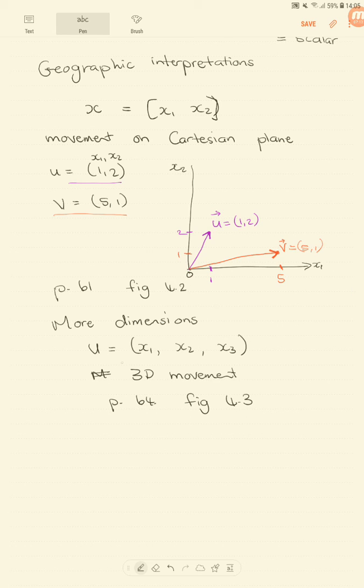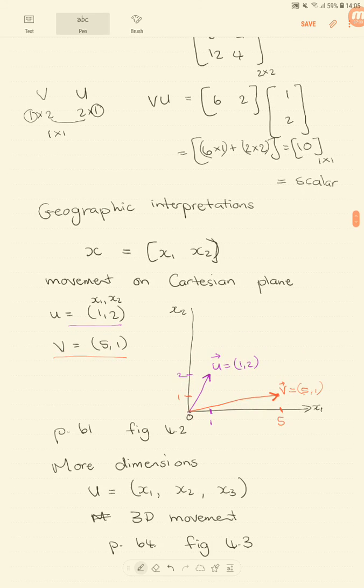So for example, a 3x1 vector would be a three-dimensional vector. If we add more elements, so x equal to 4, it would mean that there is possibly a spatial dimension to the vector as well.